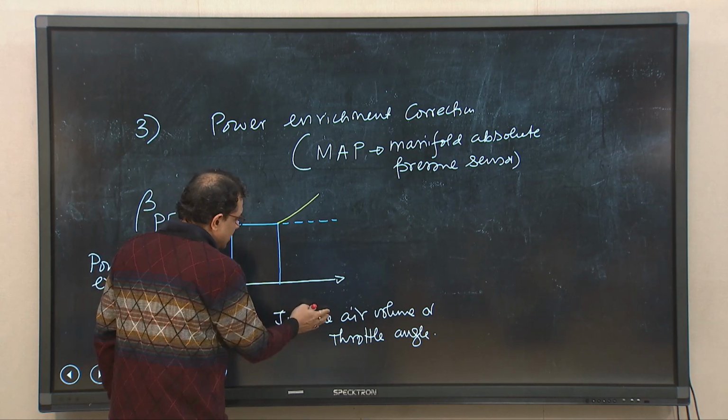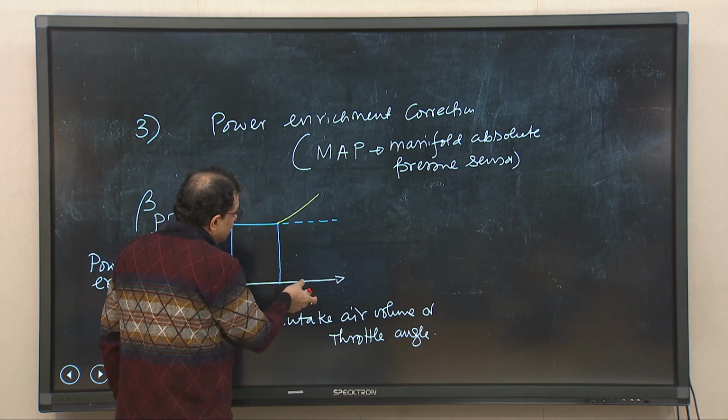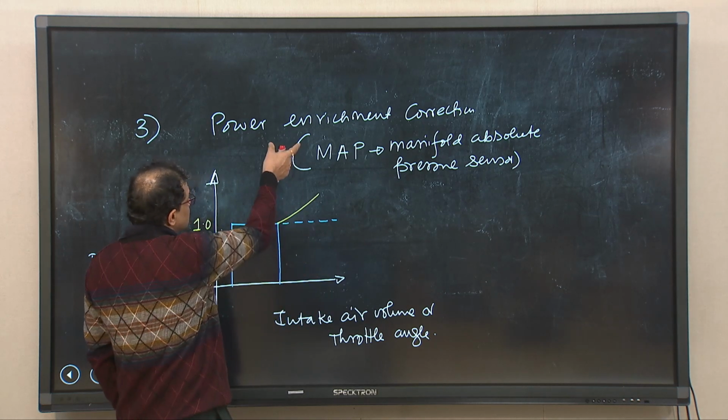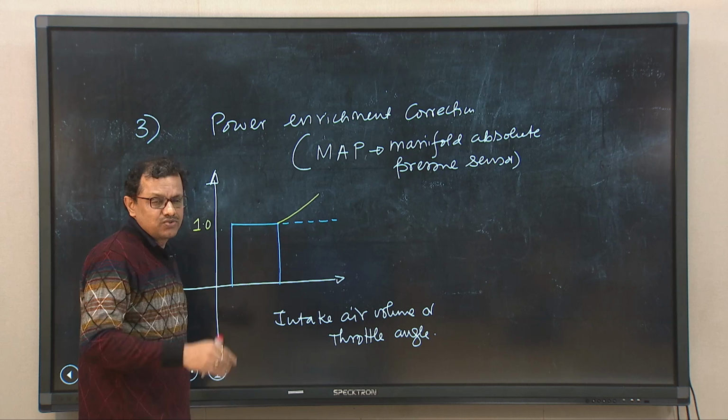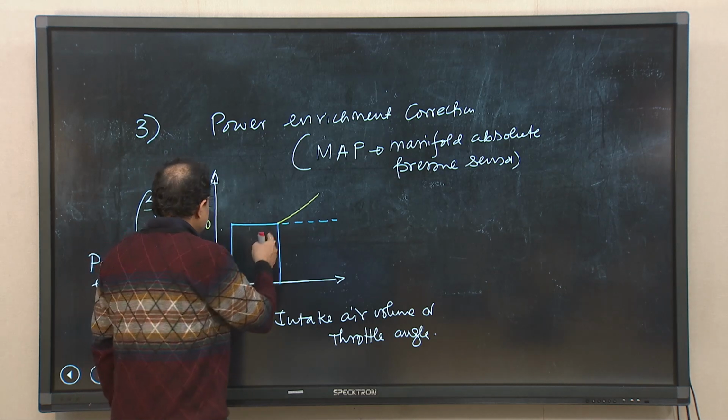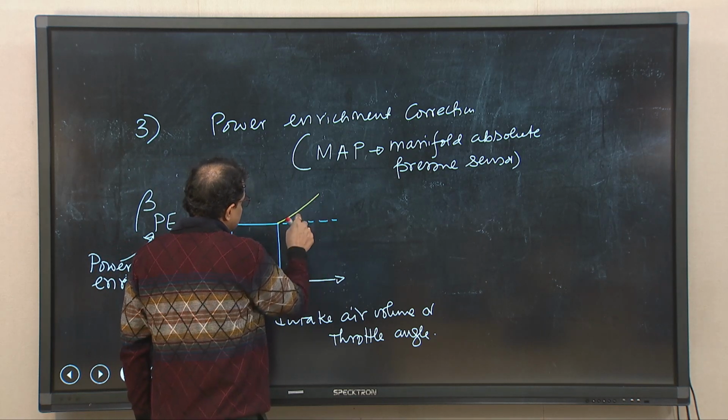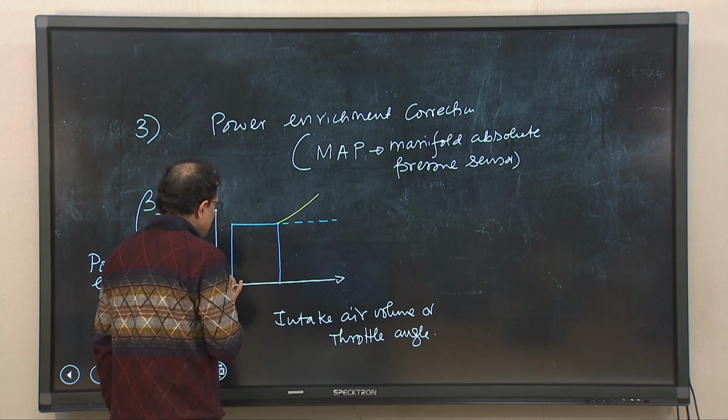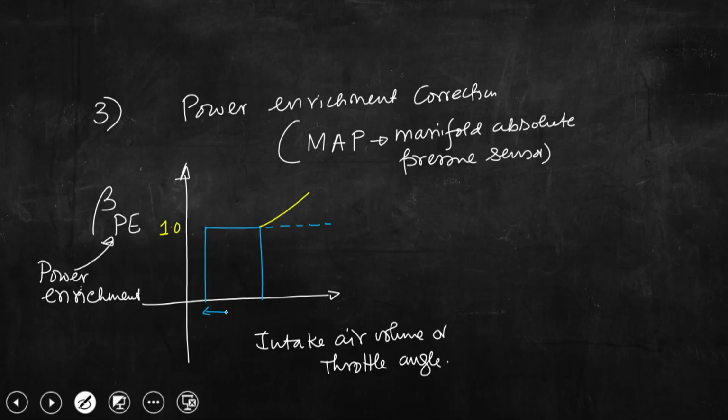If the intake air volume or throttle opening angle is becoming more, so as to adjust with the power enrichment, or so as to enrich the power, certainly the coefficient should increase, that you can see from the curve, right. So, in this range no correction is needed, no correction is needed for this range of intake air volume and throttle angle.